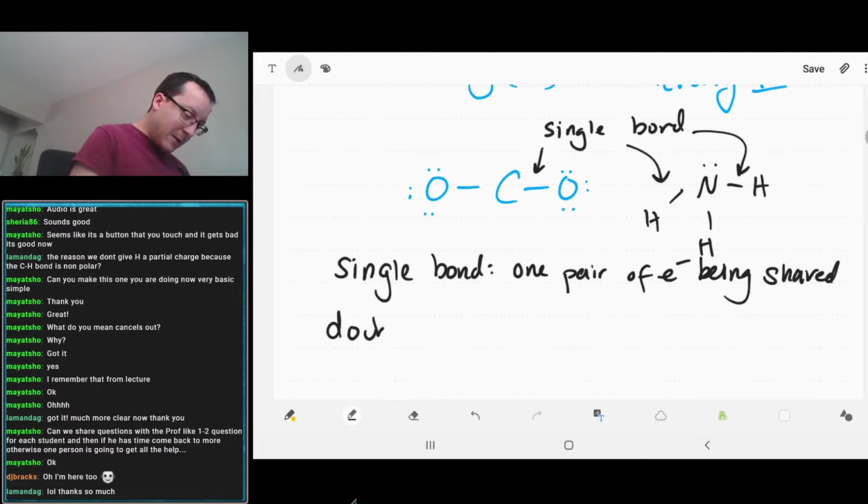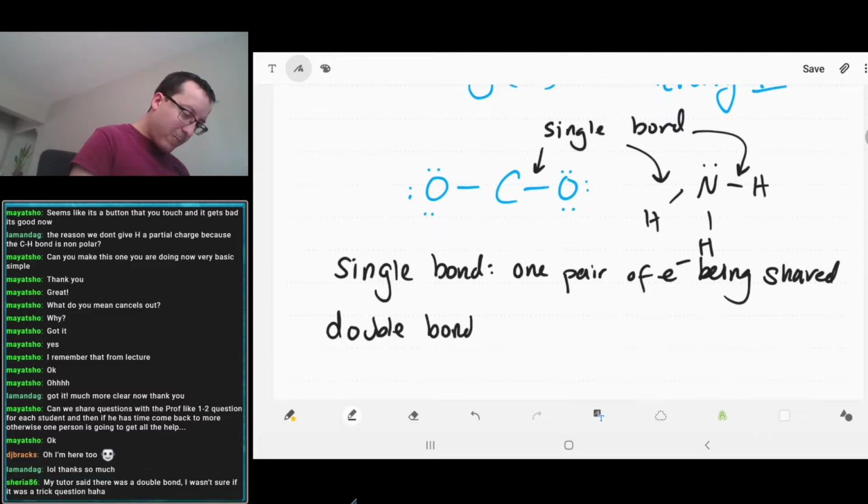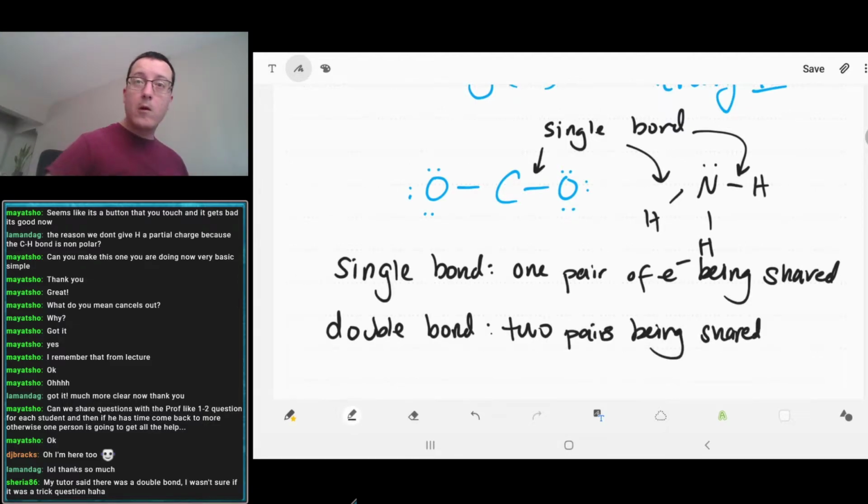So a double bond is 2 pairs being shared. Yeah, so this one will have a double bond. If you look on the structure you've drawn on the right, you have made it so that carbon is sharing 2 pairs of electrons with the oxygen, right?